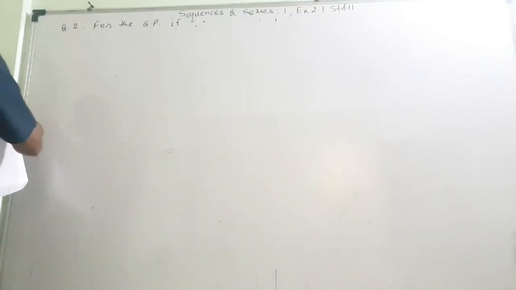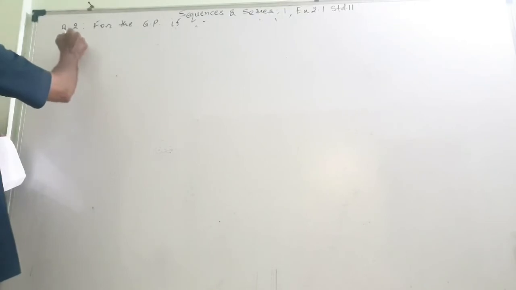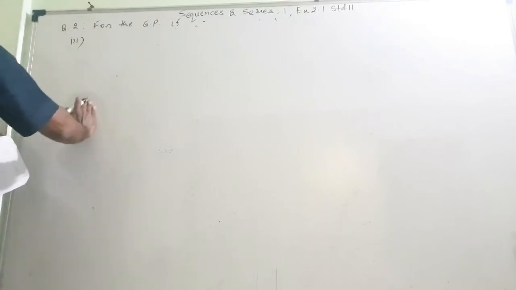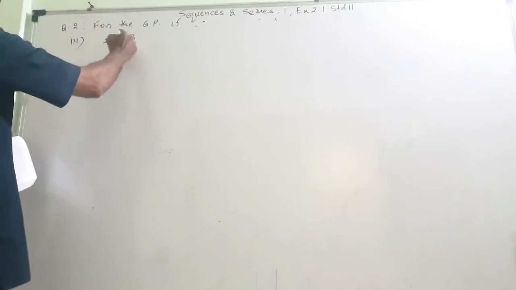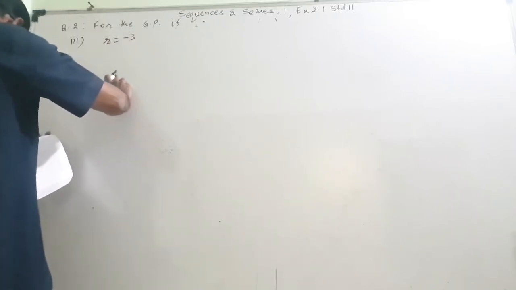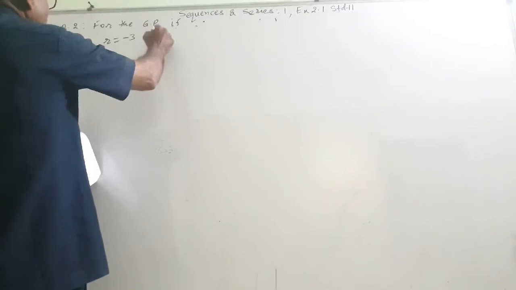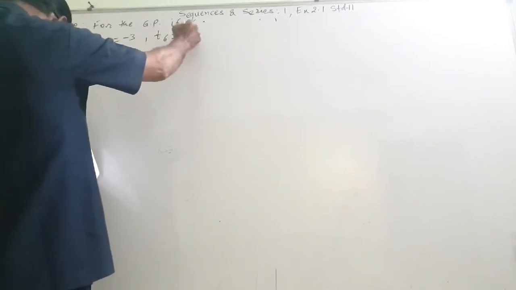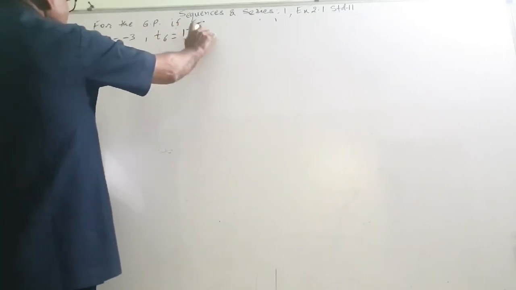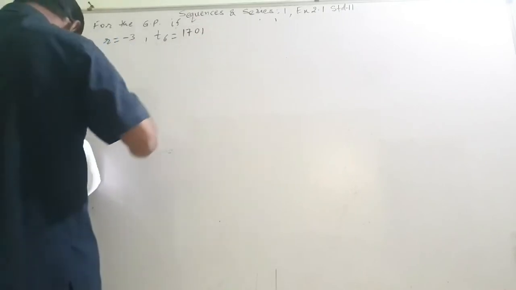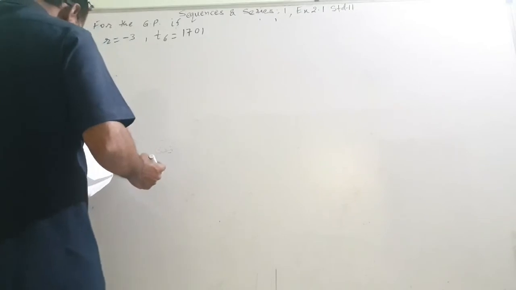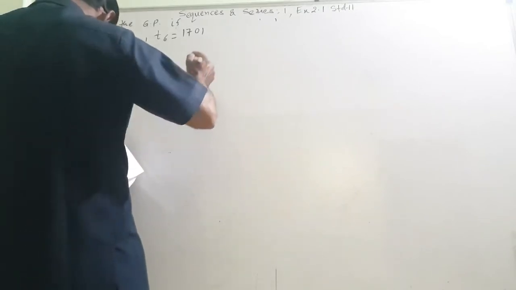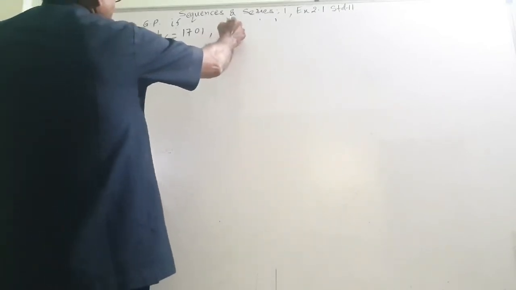The third one is R is equal to minus 3, T6 equal to 1701, and A equal to question mark.